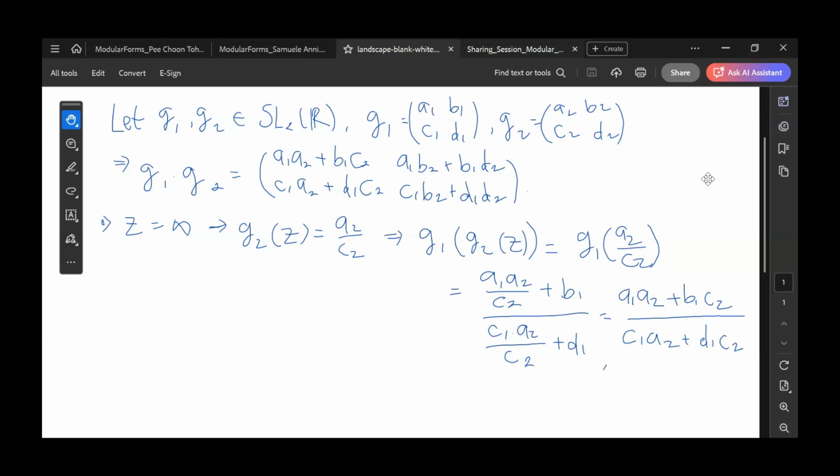We can see that this is g1g2 z for z infinity. So this is equal to this, and we have that the case when z is infinity is true.